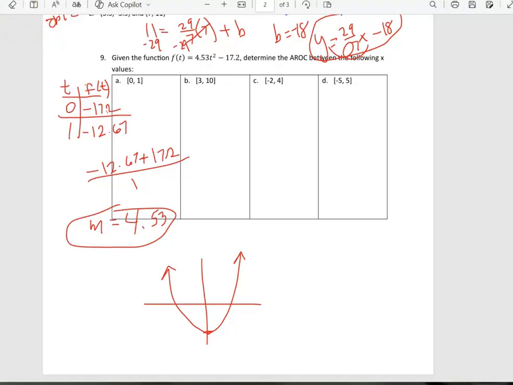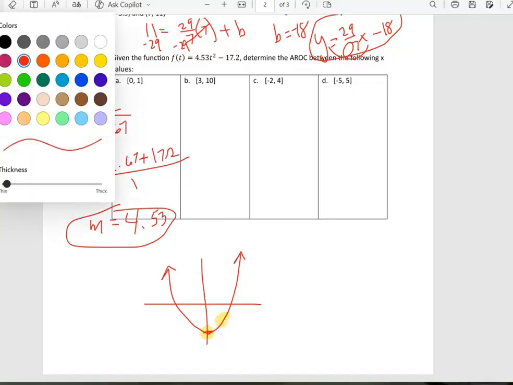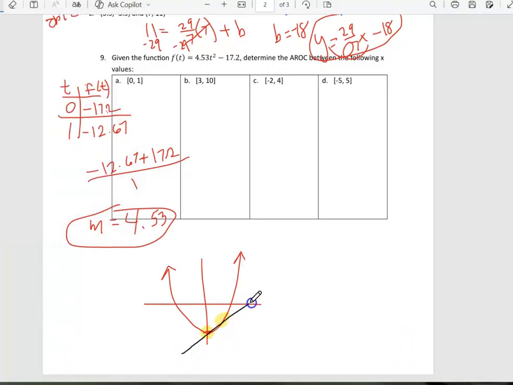So what that's saying is, from 0 right here to, let's say, 1, because we already know it's negative 12.67, between those two spots, let's see if I can get my graph to show up, if I drew a line between those two dots right there, the slope of that line is 4.53. So if you see a graph problem, very similar, just put the x and y coordinates in a table and go to town. Okay, now I've done this one.